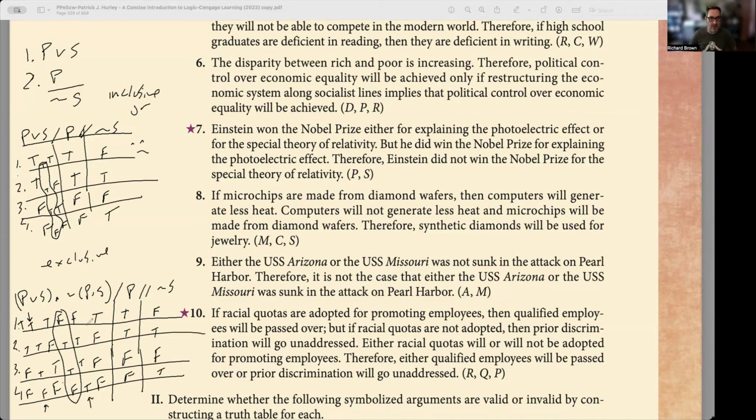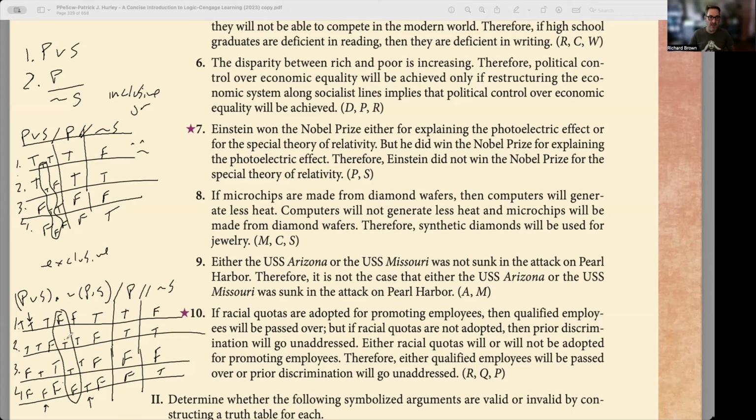And now we inspect the truth table and we see, oh, up here, this was true because we have inclusive of the case where they're both true. Down here, this is false because this rules out the case where they're both true and says, no, it's false when they're both true. So we no longer have this argument being invalid.